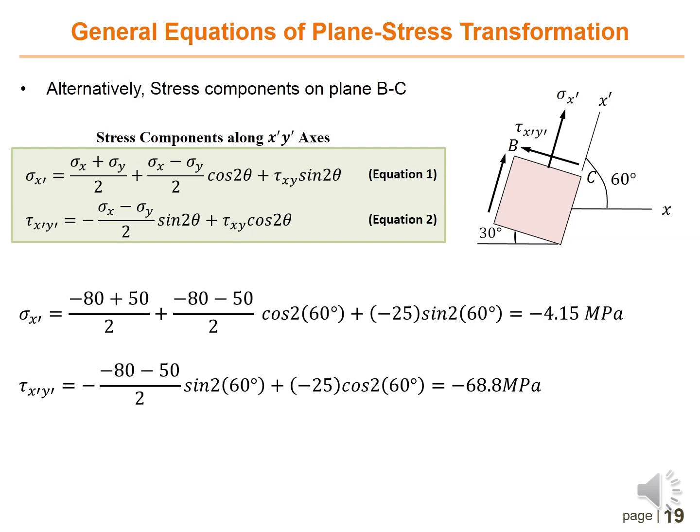Alternatively, you can also find the normal stress in the y prime axis using equation 1 and equation 2. So you can try to use equation number 1. Let's say now this is plane BC.